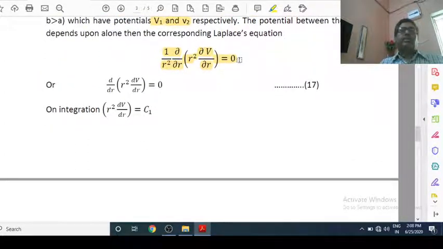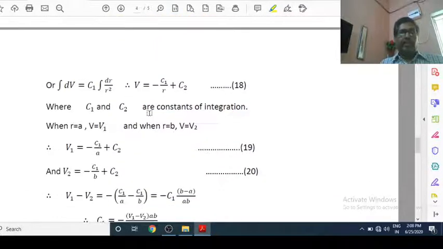So the first term will be here, and now we proceed. This r square is taken here, so 0 times r square will be 0. And now we integrate this one. The d by dr will be deleted, not deleted, but after integration it will vanish. So it will be r square dV by dr equals an integration constant.